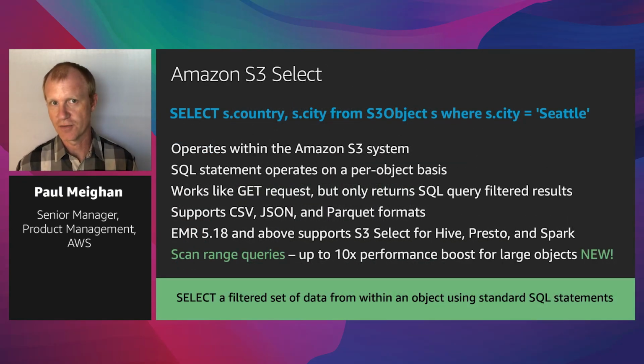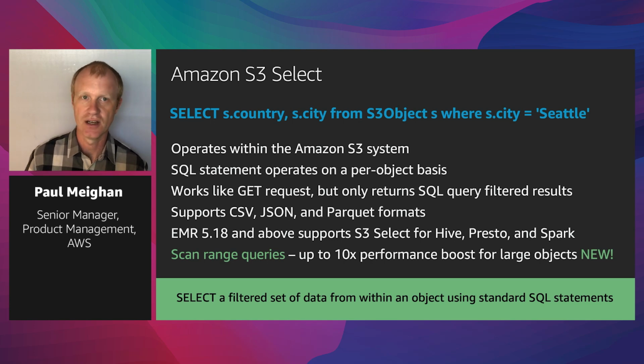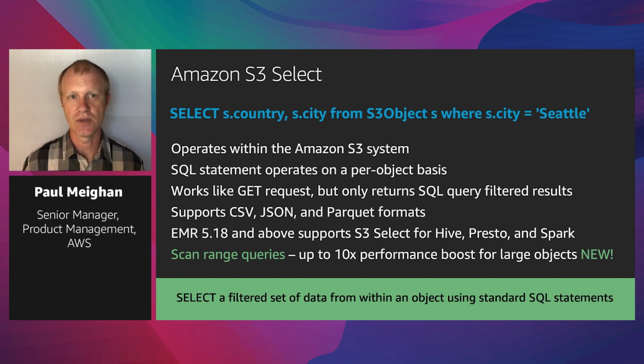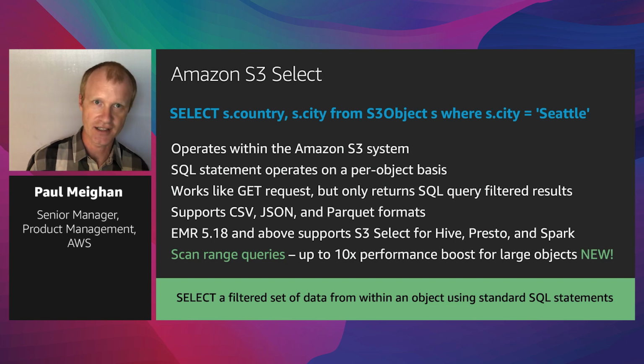Another option in terms of increasing performance for S3 is to take a look at S3 Select. S3 Select is a read API, a first class API within S3. Instead of a normal get, you're able to read off of S3 objects with normal SQL semantics, right? So you're able to run a SQL select call against an S3 object.